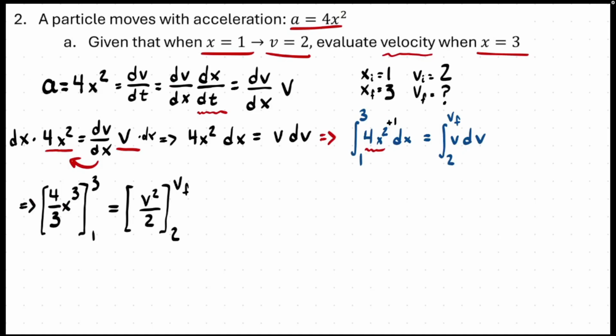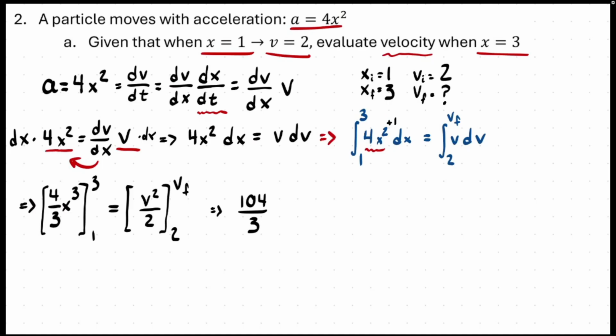Okay, we're almost done here. We're just going to expand this a little more. On the left side, we have to evaluate this function of x from 1 to 3. You can do this the long way using the fundamental theorem of calculus. I'm going to simplify that and put it in a calculator for us. When we put that in a calculator, we get that the left side value is just equal to 104 over 3.